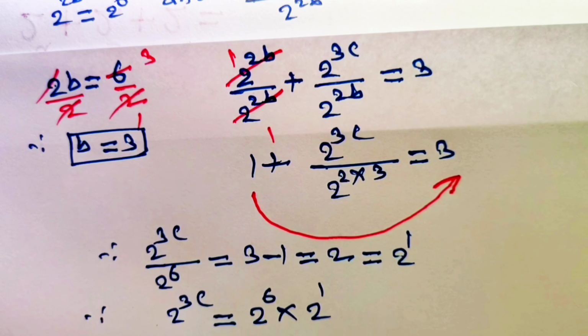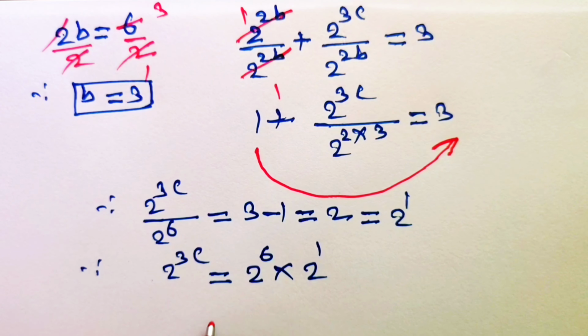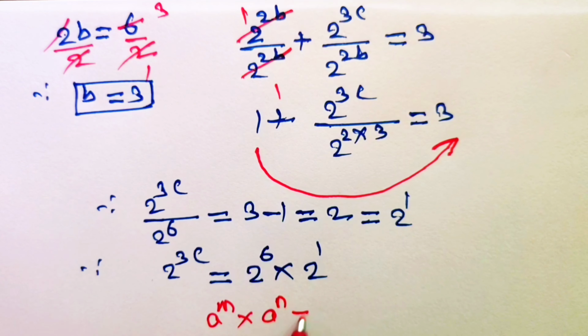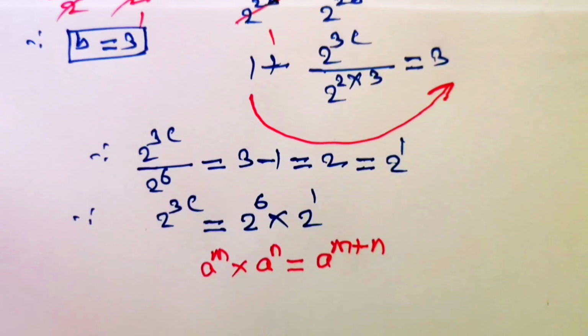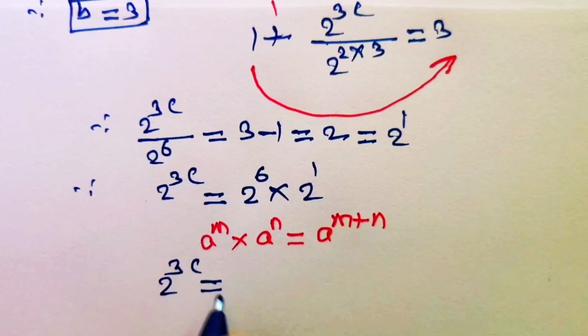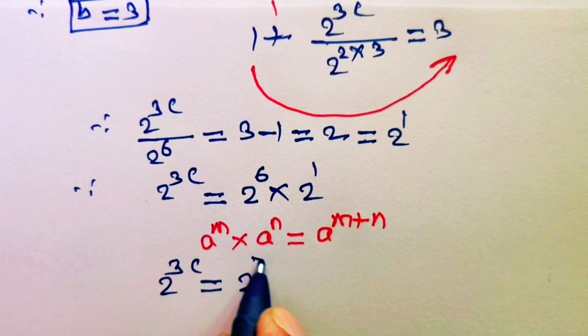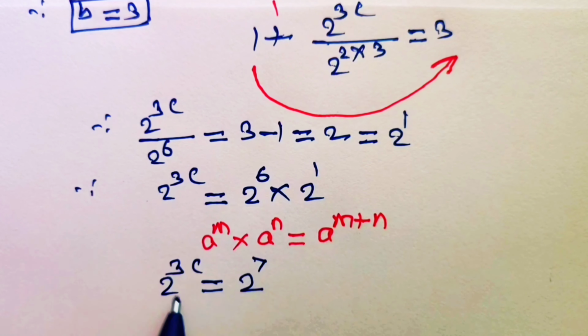Again, here also we are applying the formula a to the power m into a to the power n is equal to a to the power m plus n. Hence, we can write 2 to the power 3c is equal to 2 to the power 7. And finally, here also we are applying law of indices.